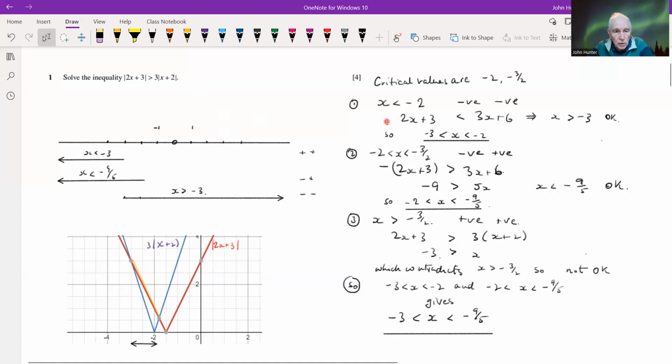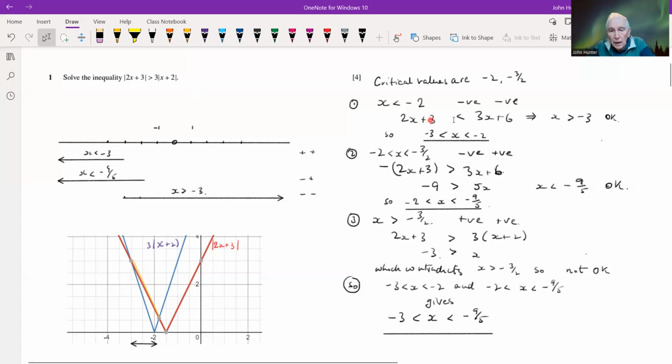So absolute 2x plus 3 becomes minus into 2x plus 3, and absolute x plus 2 becomes minus into x plus 2.